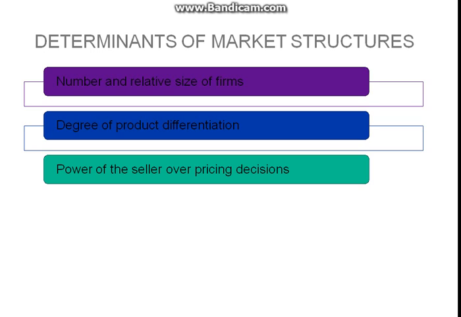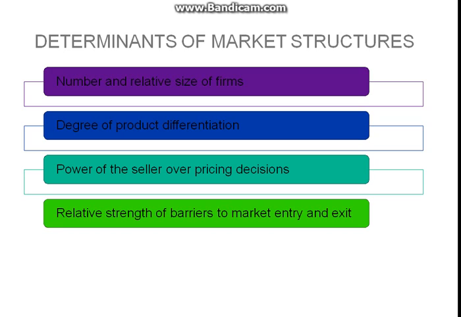Third one is the power of the seller over pricing decisions. How much power does a firm have to change its price? If more power, it is more towards monopoly, and if they have less power over pricing decisions, they are moving towards perfect competition.